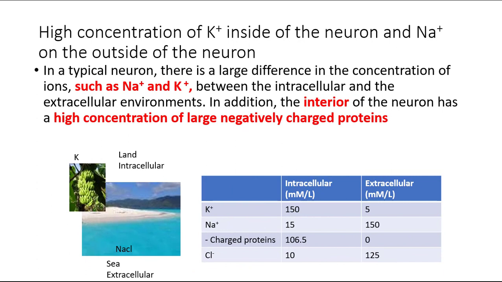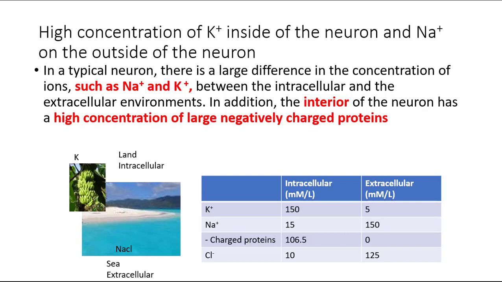In a typical neuron, there is a large difference in the concentration of ions, such as sodium and potassium, between the intracellular and extracellular environment. In addition, the interior of the neuron has a high concentration of large negatively charged proteins.